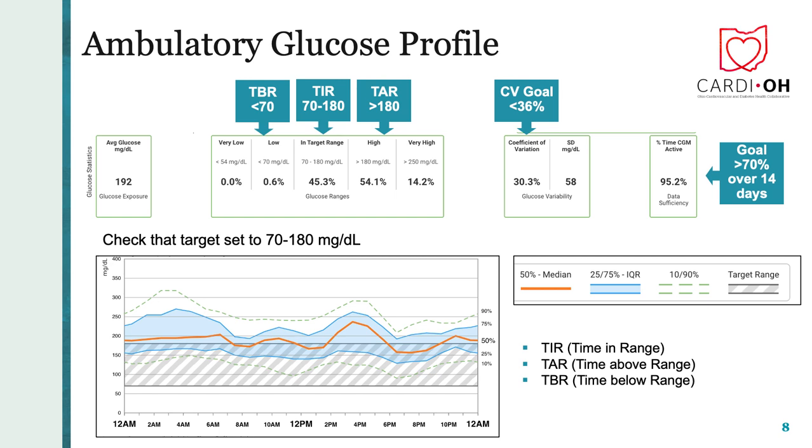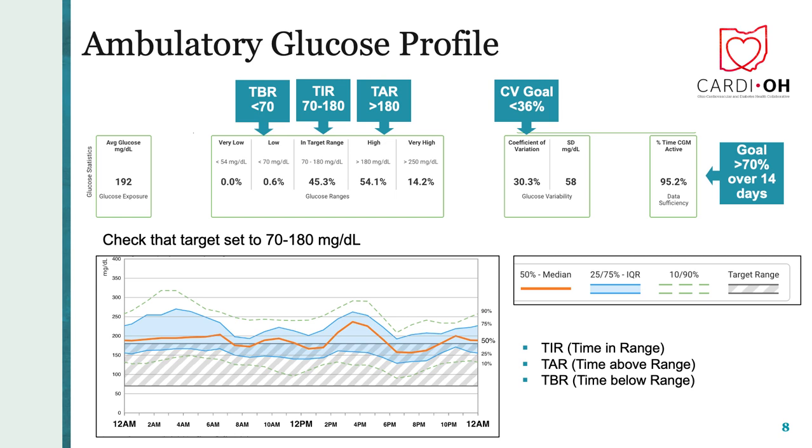And the coefficient of variation is fairly standard. And if you look on the far right there, we can see that in this particular report, there is pretty good data sufficiency, which is generally considered acceptable if it's over 70% on that 14-day report.